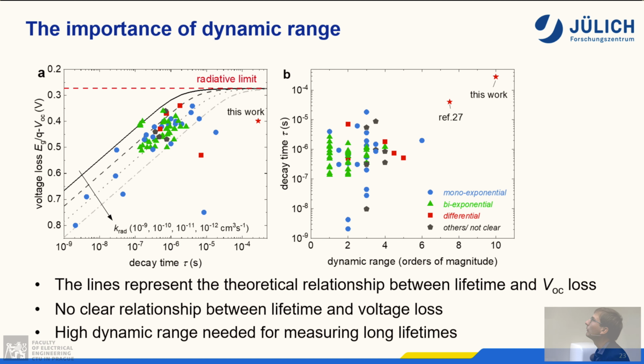And so the overwhelming majority of reports is in the, say, 2 to 4 orders of magnitude dynamic range bit. Yeah? And only, this is the work we've seen before. This was around 8 orders of magnitude, and then our camera was very old, so we bought a new one, and that actually brought us here, to about 10 orders of magnitude dynamic range.